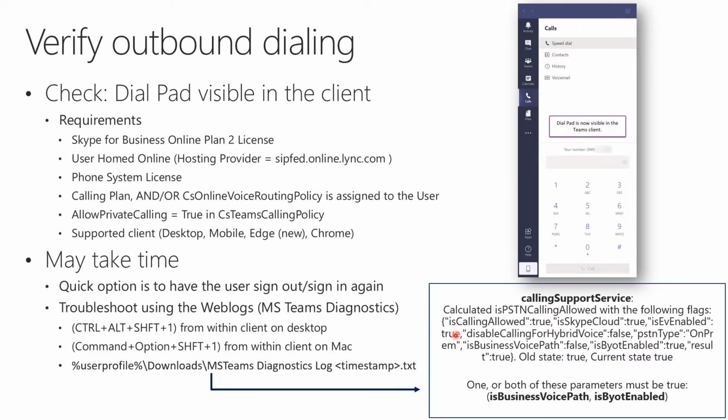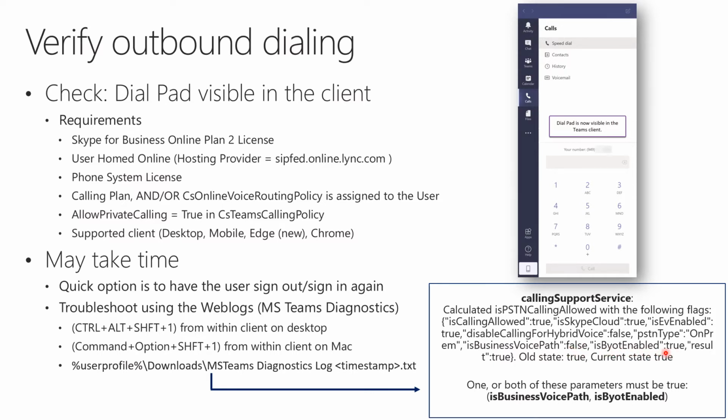But now we have these fun ones. Is business voice path? If that's true, that means they have a calling plan assigned to them. In the case of this particular user that I was testing with, this user did not have a calling plan. So is business voice path is false. Is BYOT enabled is true.